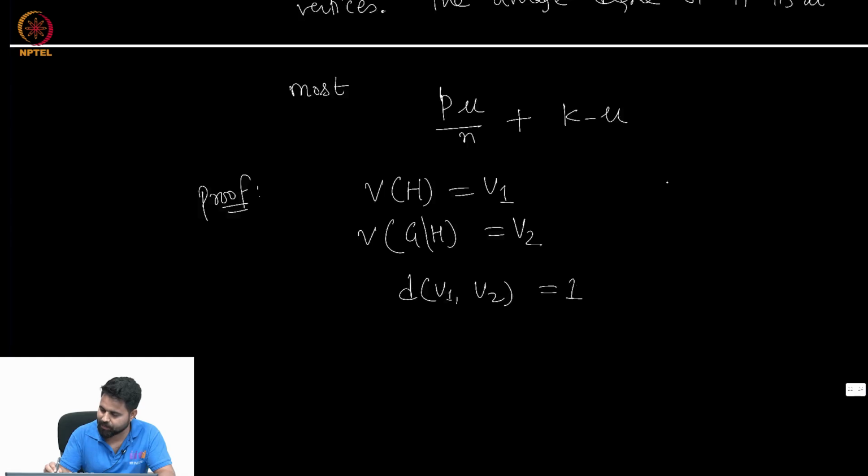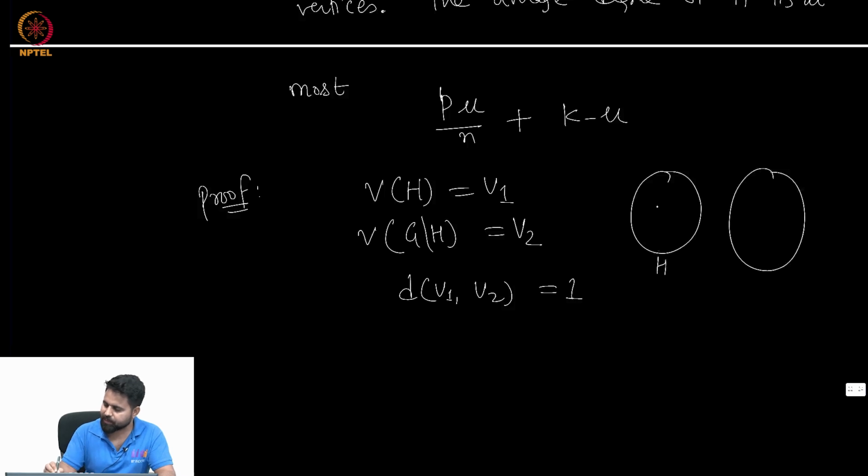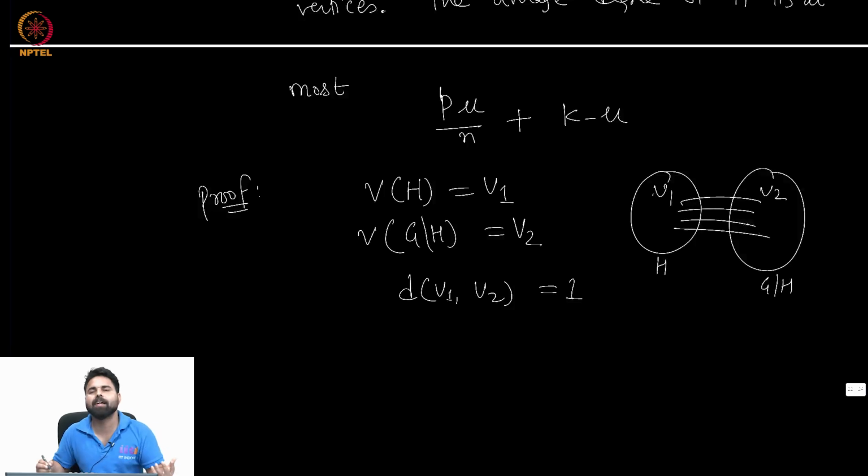This is H, this is V1, this is V2, and this is G minus H. There will be edges between them, so the distance is actually 1 here.